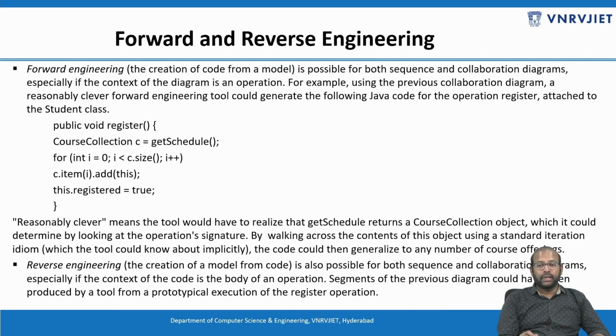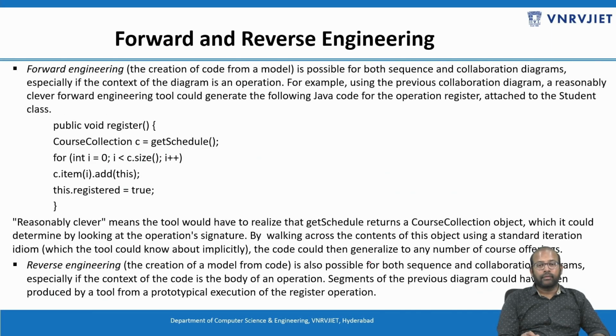And at the end of each diagram, we are also going to discuss forward and reverse engineering, like the class diagram. Here also you are constructing the code from the model, whatever objects you have declared and how they are exchanging the messages, all those we are trying to convert. You may or may not be able to convert 100%, but there is a chance of converting the model into code, 80% or 70% is possible, for both forward engineering and reverse engineering.